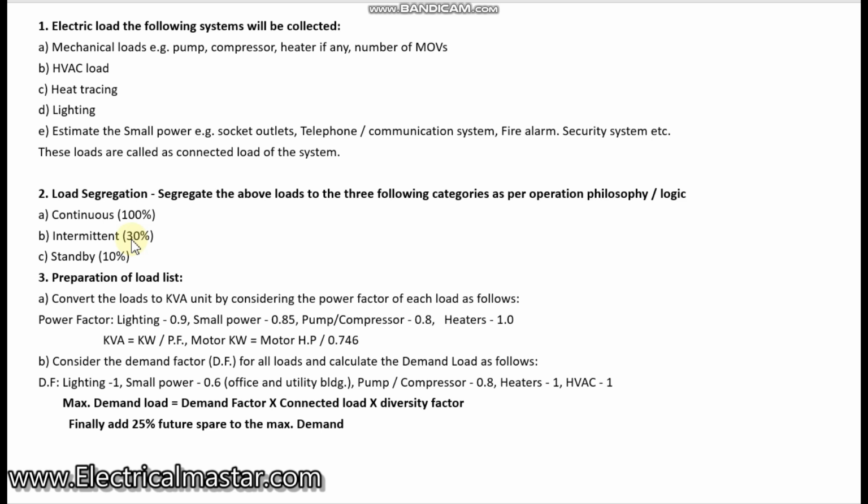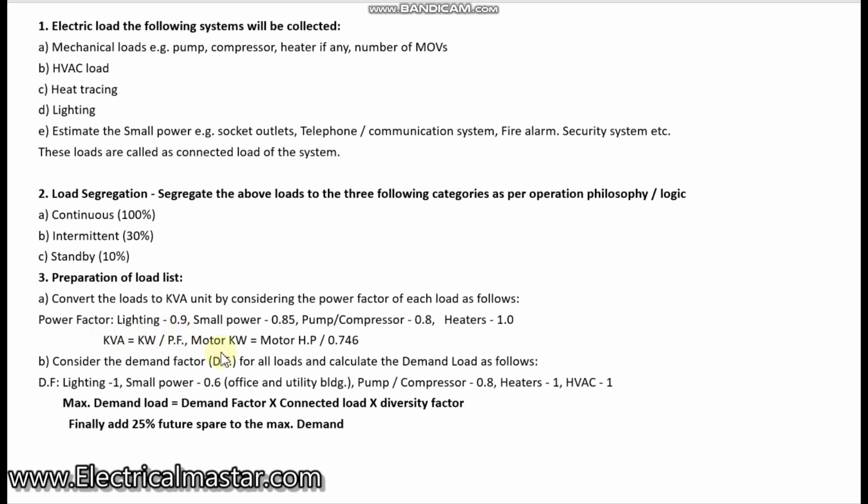For example, lighting DB power factor is generally 0.9. Similarly, power DB 0.85. Pump or compressor is 0.8 power factor, and heater is 1 power factor. The formula is kVA equals kilowatt divided by power factor.